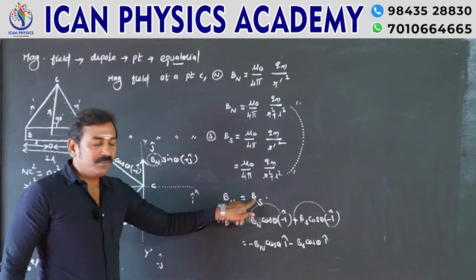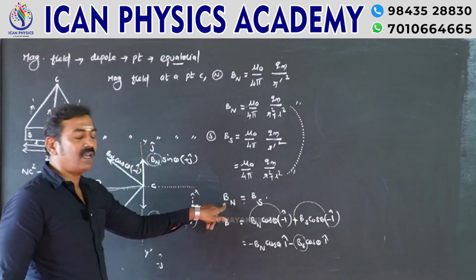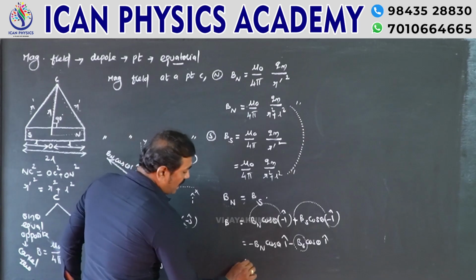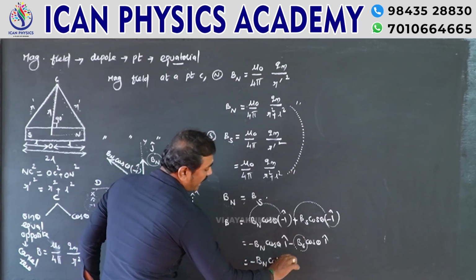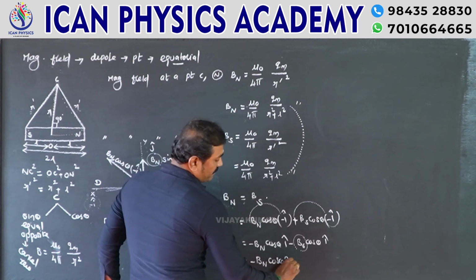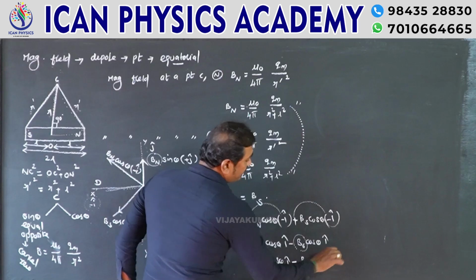Bn equal to Bs. அப்ப இந்த Bs எடுத்துட்டு நம்ம Bn போட்டுக்கலாம். அப்ப மைனஸ் Bn cos theta into I cap.